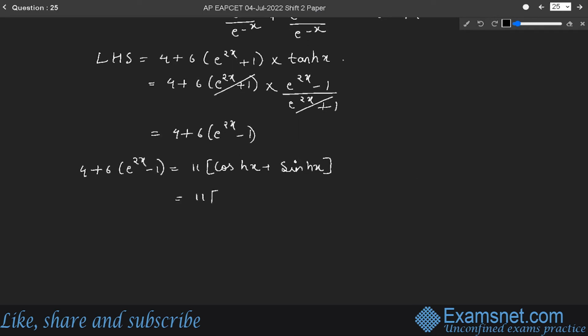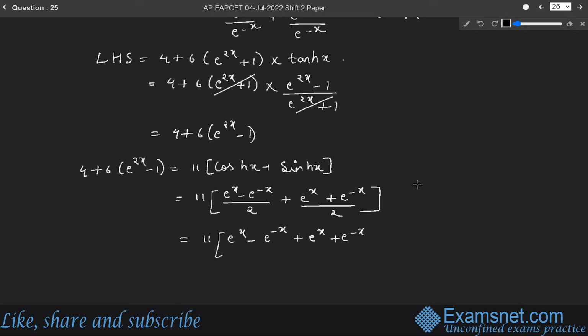So it will be 11 into [(e^x − e^−x) divided by 2 plus (e^x + e^−x) divided by 2]. On further solving, this will be equal to 11 into (e^x − e^−x + e^x + e^−x) whole divided by 2.